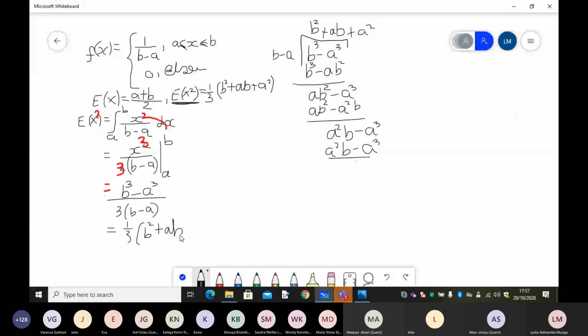I can see there is a question on the chat. I'm going to address that very soon. So we have shown that the expectation of X squared is equal to a third into b squared plus ab plus a squared.